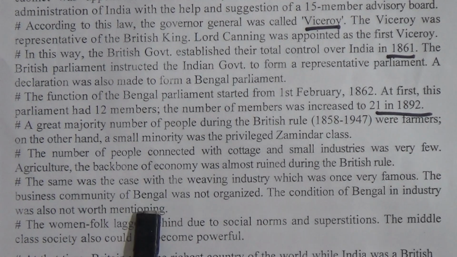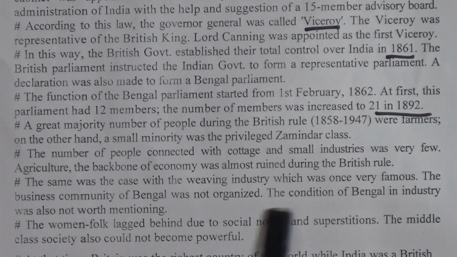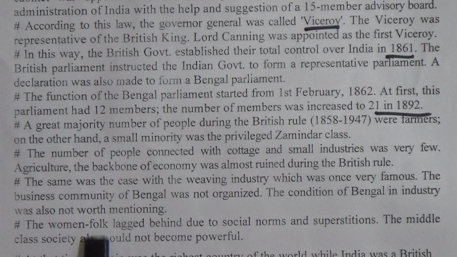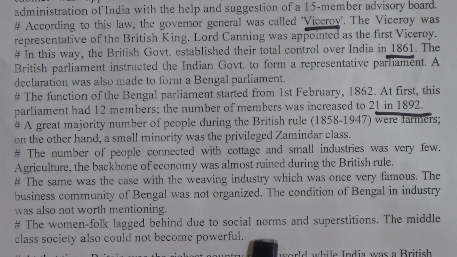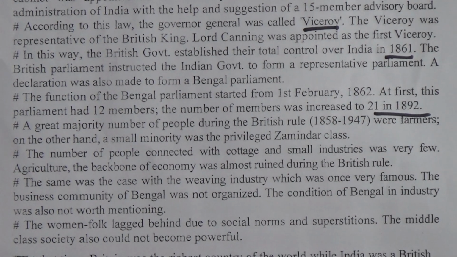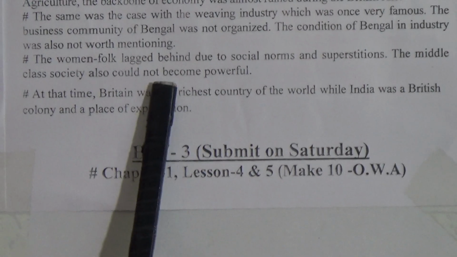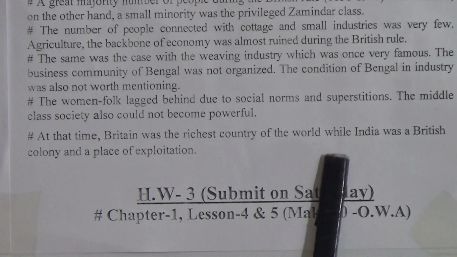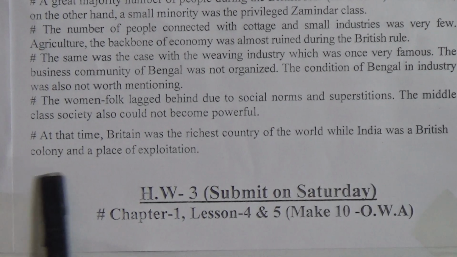The business community of Bengal was not organized. The condition of Bengali industry was also not worth mentioning. The women folk lagged behind due to social norms and superstition. The middle class people or society also could not become powerful. At that time, Britain was the richest country of the world, while India was a British colony and a place of exploitation.